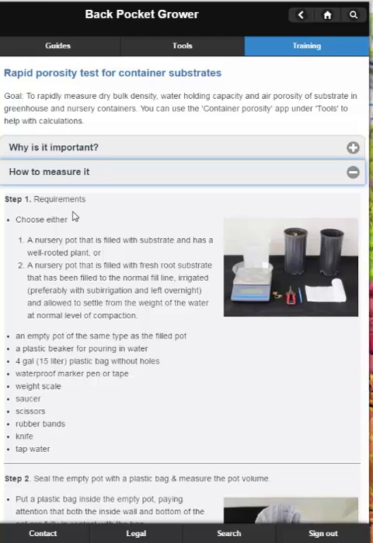You're going to need a series of very simple pieces of equipment to do a porosity test. For example, an empty pot of the same type that you're using as the filled pot, and a kitchen scale.